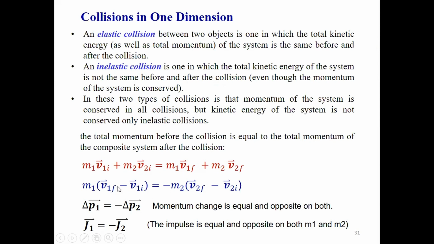We can rearrange for mass 1 and mass 2 and say that the momentum change for the first mass is equal to the momentum change for the second mass, but in the opposite direction. The momentum change is also the impulse, so we can say that the impulse is equal and opposite on both m1 and m2. J1 is equal to minus J2.